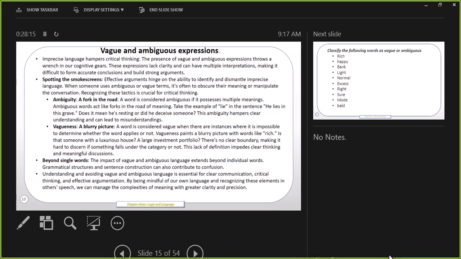What is ambiguous? If it has multiple meanings. Kadus, father's name. Unclear. Good.